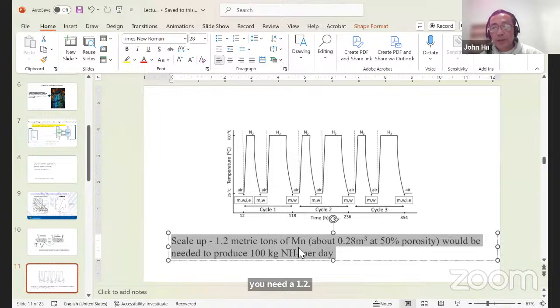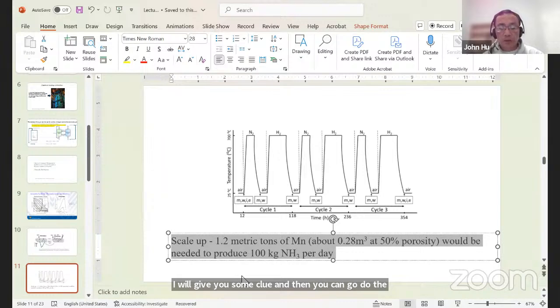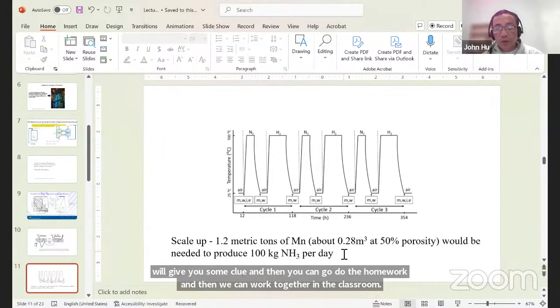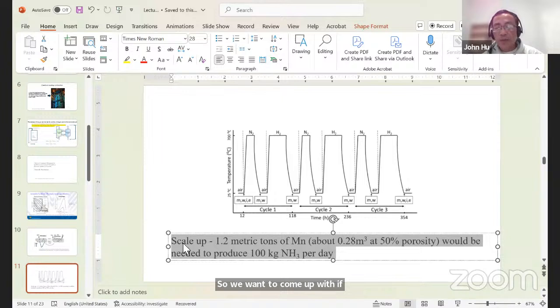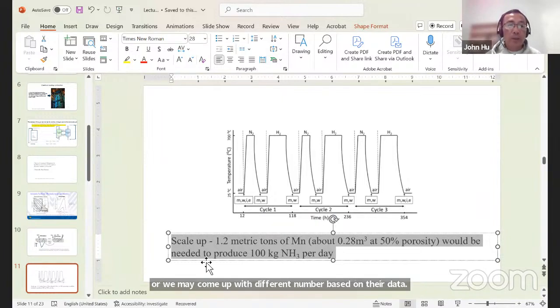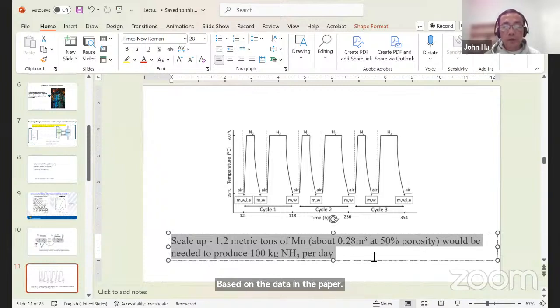I will give you some clues, and you can do the homework, and then we can work together in the classroom. We want to see if we agree with this number, or we may come up with a different number based on their data. Based on the data in the paper, we will do the calculation together tomorrow. It's going to be a case study.